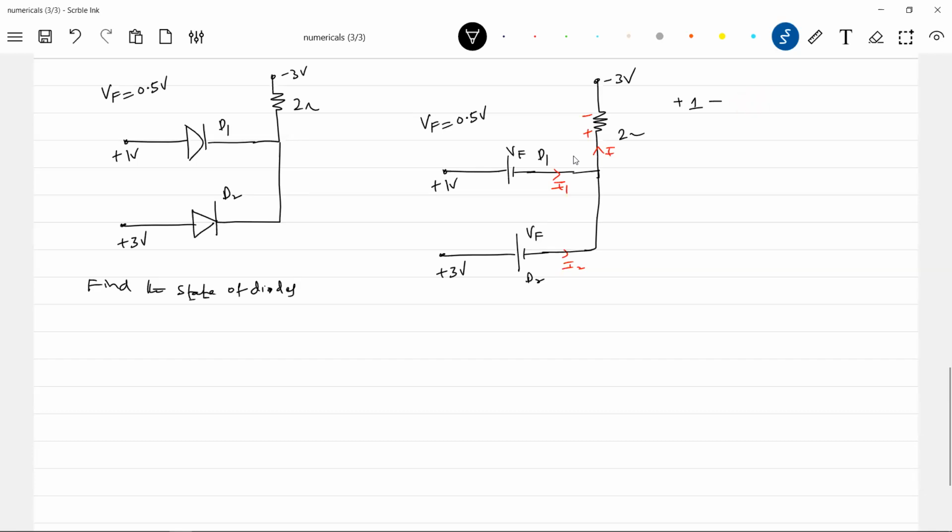Minus VF minus 2I minus of minus 3 equal to 0. So 1 minus 0.5, 2I plus 3. So this should be equal to 4 minus 3.5 by 2.